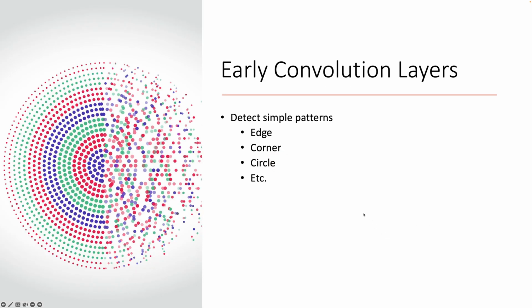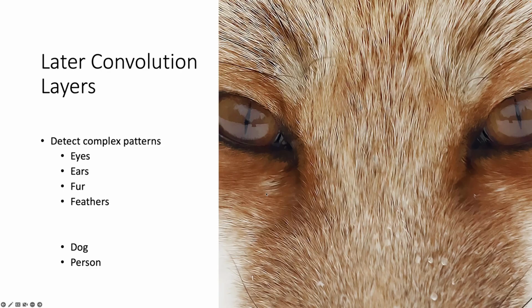In the next slide, we said that the simple patterns are going to be in the early convolutional layers, such as just the outlining of something, or perhaps the corner of something or a circle or something like that. Then as we traverse deeper into the sequential convolutional layers, we're going to pick up things like fur or eyes or feathers. And then maybe even later on we can classify something like a dog or a person.